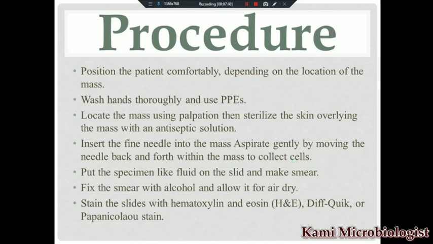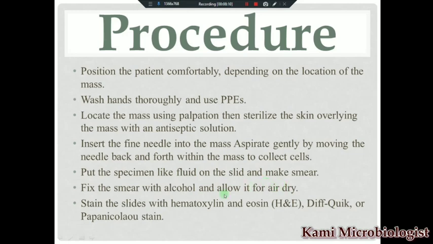Due to the back and forth movement, the cells or the fluid will be easily taken, or we can easily collect the cells. After that, we will put the specimen into the fluid or onto the slide, or we can make the smear. Once the smear is made, it should be fixed using alcohol, or we can place it at room temperature, then it will dry.